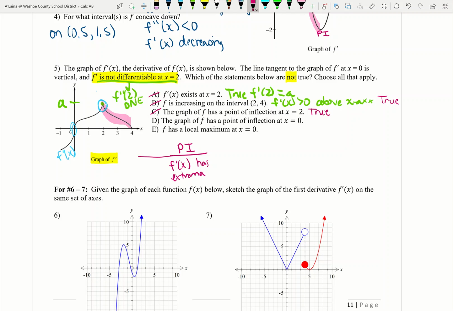We have an extrema of f prime. That would tell us that the second derivative has a sign change and f has a point of inflection. D. The graph of f has a point of inflection at x is equal to 0. Well, what I'm looking for here is a point of inflection to have an extrema on f prime. That's not true. I do not actually see a sign change for the second derivative.